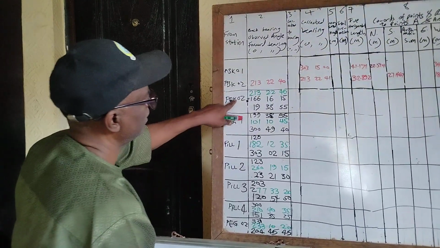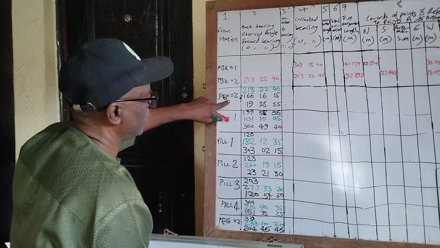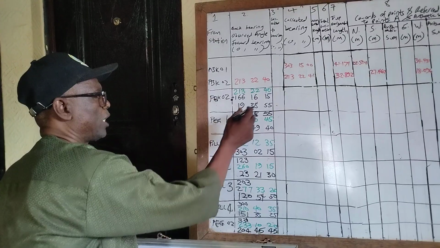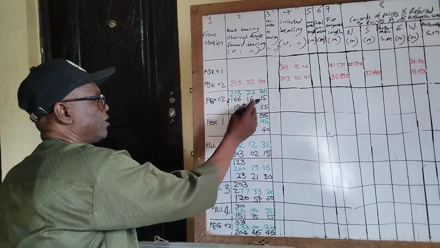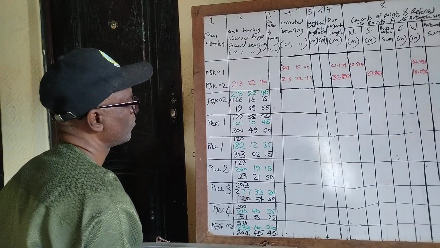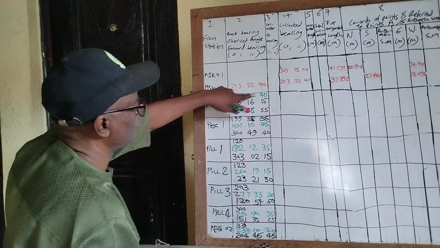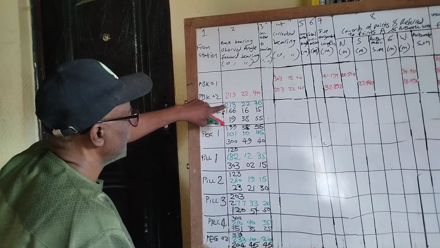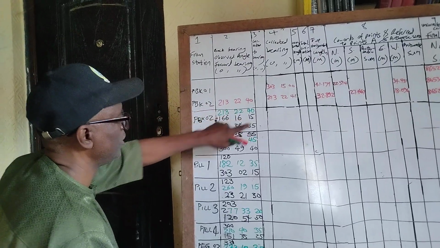So in this exercise we station on PPK 02. The angle that was brought from the field is 166 1615. So on the back bearing 213 2240, which is derived from here, you add 213 2240 to 166 1615.